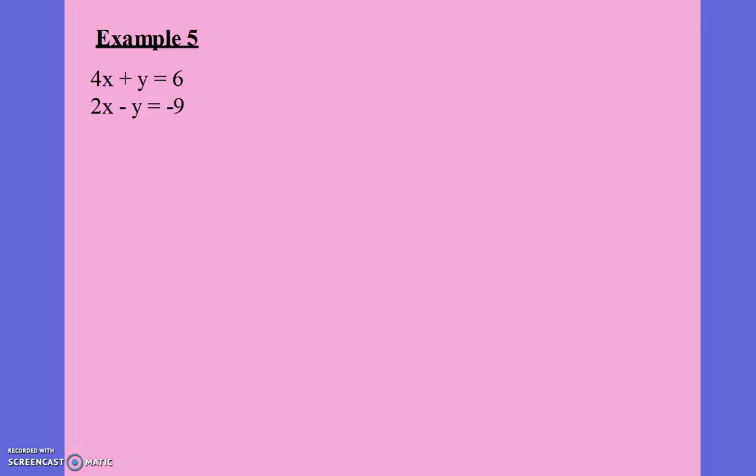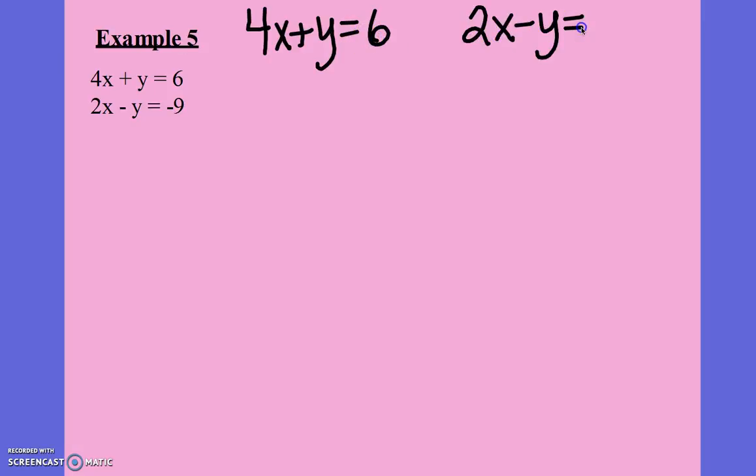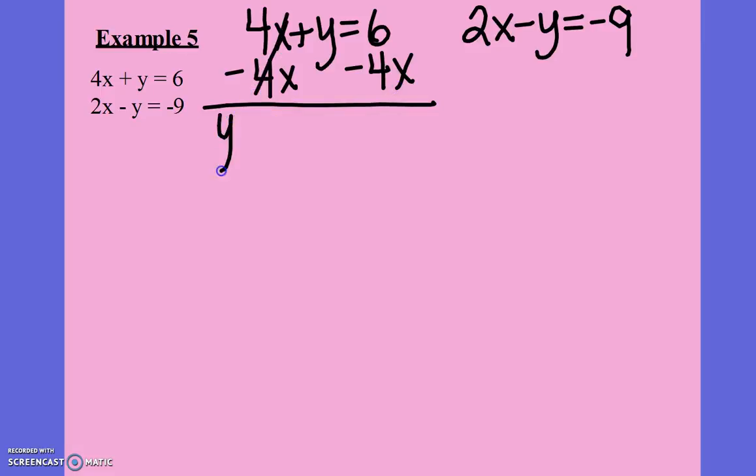Okay, on example 5, we have the same situation. We have 4x plus y equals 6, and we have 2x minus y equals negative 9. We can start with this first equation and solve for y. And that gives me y equals negative 4x plus 6, or you can write 6 minus 4x.